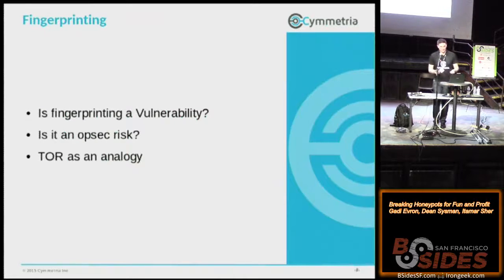Okay, so is fingerprinting a vulnerability? This is something that we came across a lot while we were doing our research. Most of the abilities I'll be showing you are how to detect a honeypot. Some I'll show you are how to use that honeypot to the attacker's advantage in some way or another. And we feel that fingerprinting is not a code execution vulnerability, but it is a vulnerability because it's counteracting the purpose of the honeypot.